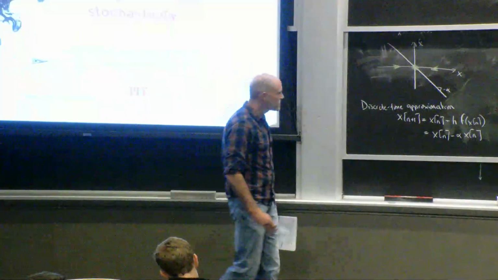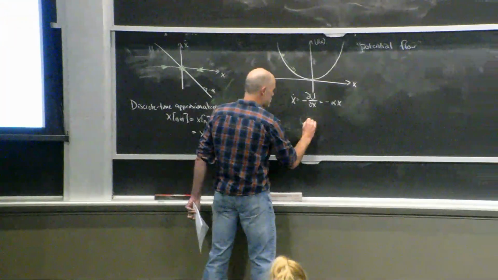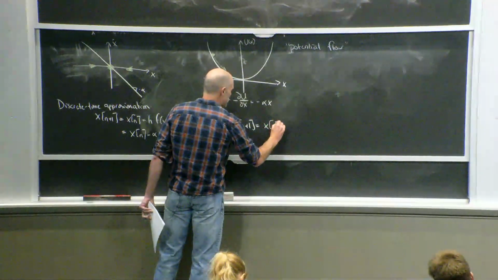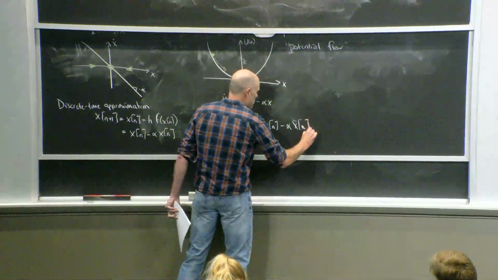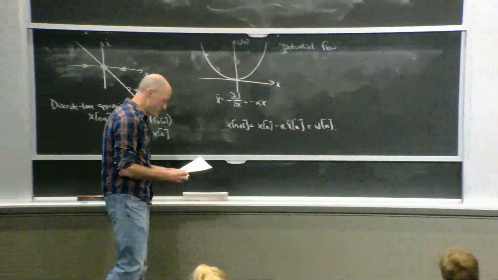Okay, and now let's go ahead and add noise into our discrete time approximation. So we're going to now say xn plus 1 is xn minus alpha xn plus additive Gaussian noise.